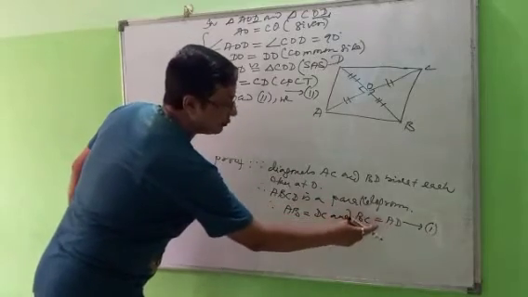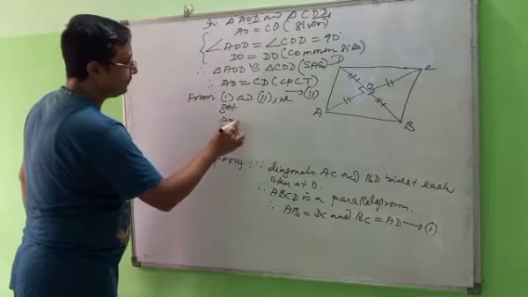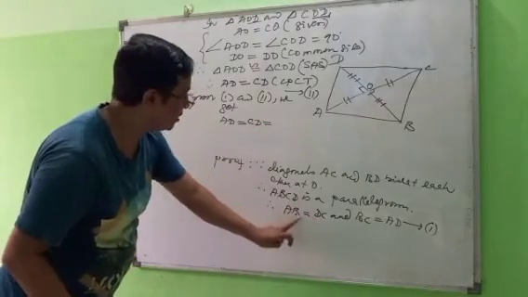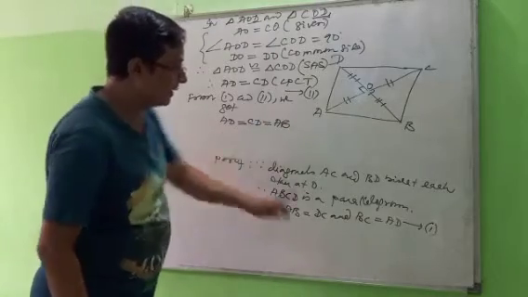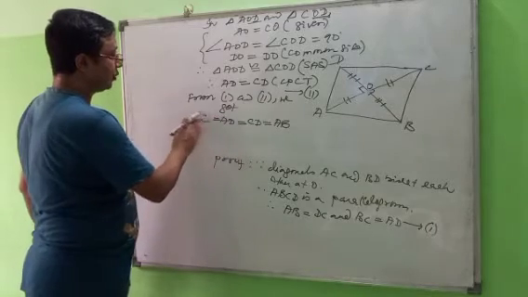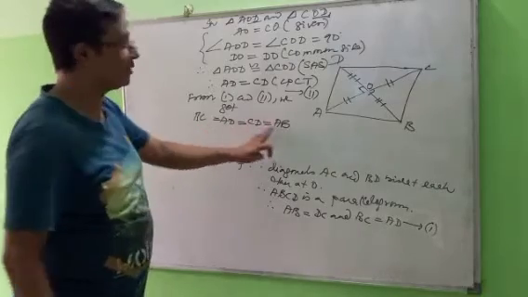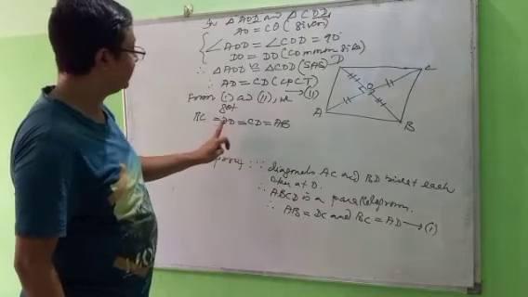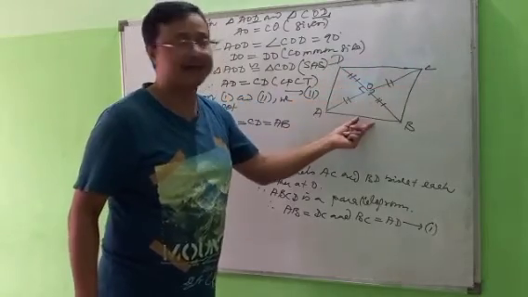And then AD equals BC. So by comparing these two equations, you have got that all the four sides are equal. So AB equals BC equals CD equals DA. So all the four sides are equal. That means this given quadrilateral is a rhombus.